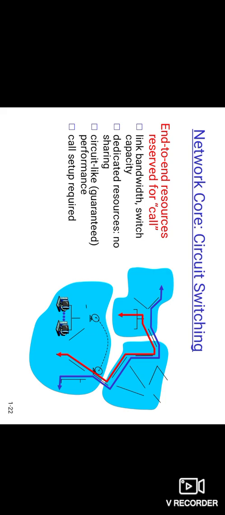The connection established between the sender and the receiver before starting the communication is known as a circuit. When the network establishes a circuit, it reserves a constant transmission rate. All the bandwidth is reserved for the sender-to-receiver connection, so the sender can transfer the data to the receiver at a guaranteed constant rate.